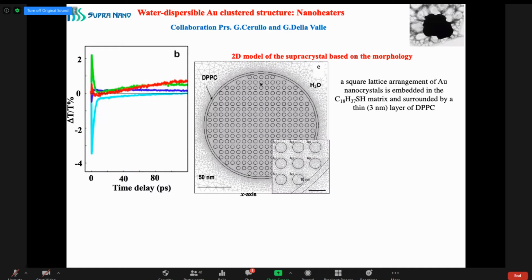Then, however, you can see that we have a drop. It seems that with supraball, the supraballs are expelled from the membrane.